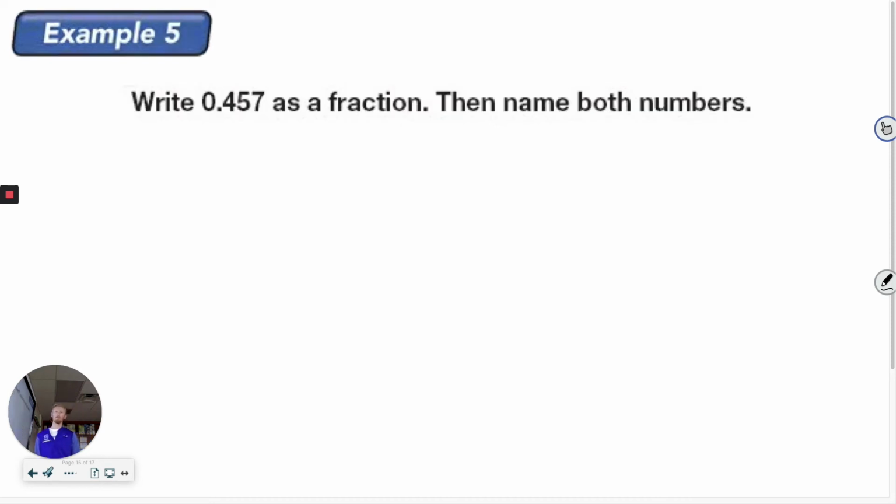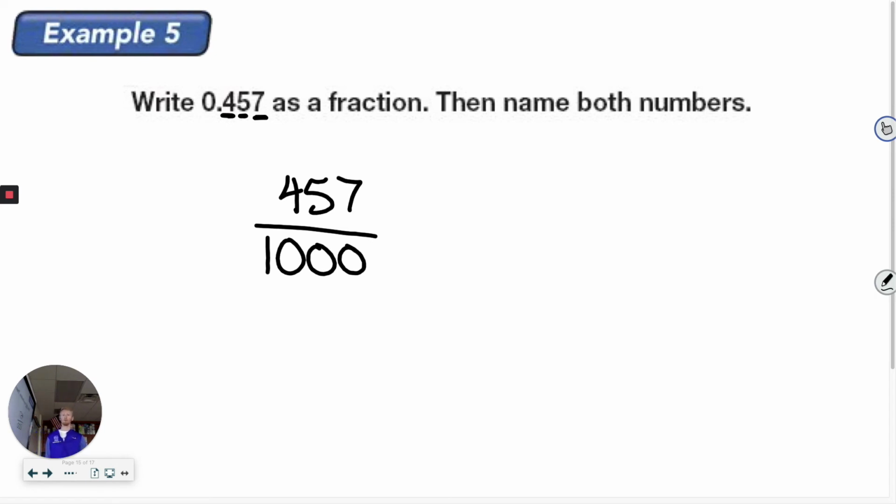All right, write 0.457 as a fraction, then name both numbers. So if I write it as a fraction, I have tenths, hundredths, thousandths. So thousandths would mean 1,000 is my denominator. 457 is my numerator. That's as a fraction.